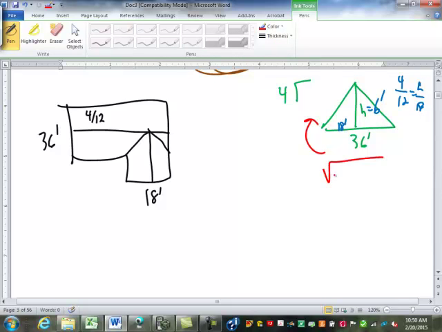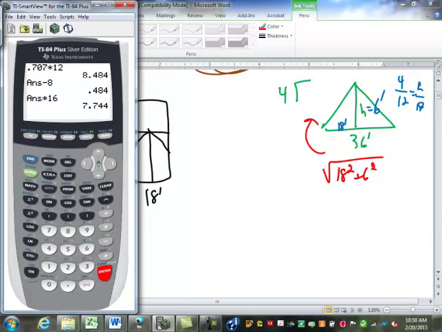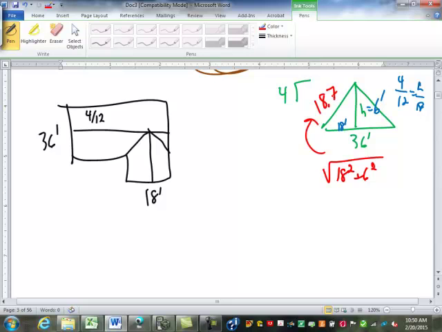This is then the square root of 18 squared plus 6 squared, otherwise known as the square root of 360. 18.708 sound right? Is that what you guys got? That's right here, 18.708.